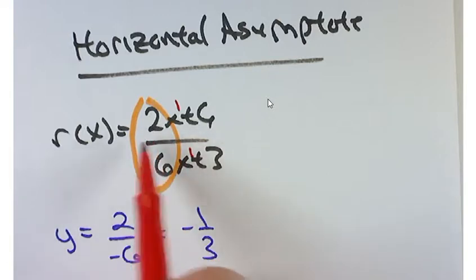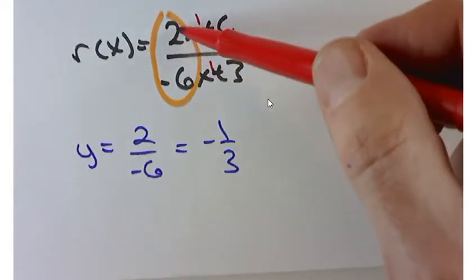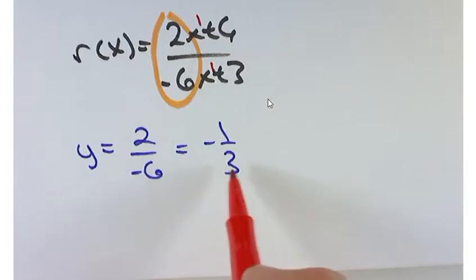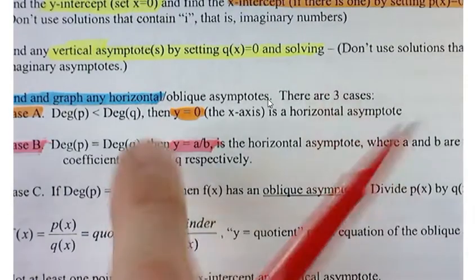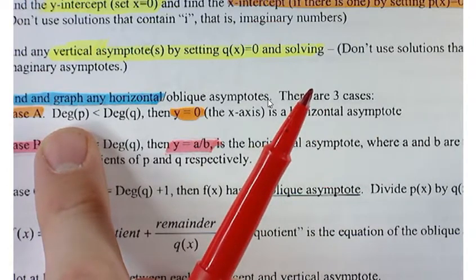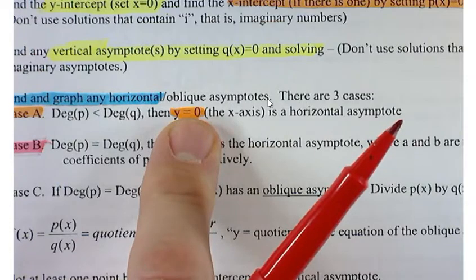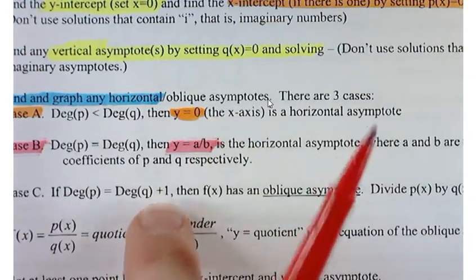So the 2 and the negative 6. Your horizontal asymptote is going to be the ratio of those. 2 divided by negative 6, and I reduce that to negative 1/3. Well, if the degrees don't match, then it could be that the degree of the numerator is less than the degree of the denominator, in which case y equals 0 is your horizontal asymptote. And there's one more case that we'll get to in a little bit.